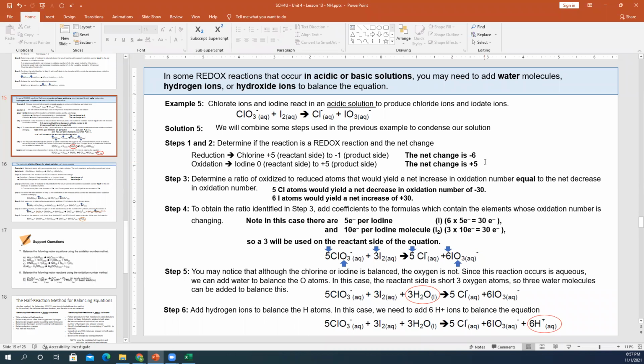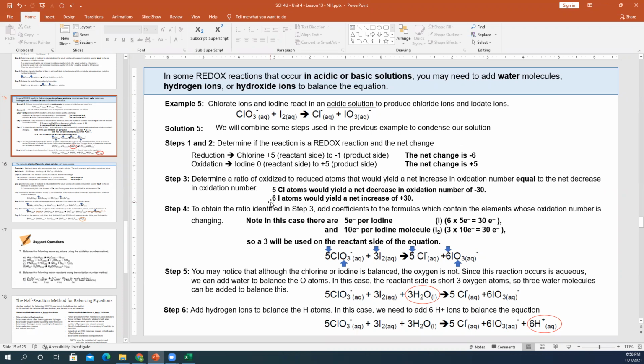So the next step is to determine what the ratio of our oxidized to our reduced atoms would be that would yield a net increase in the oxidation number equal to the net decrease in the oxidation number. And this is just simply ratios and math. That's all it is. So here you see that if you have 5 chlorine atoms, they would yield a net decrease in oxidation number of -30.